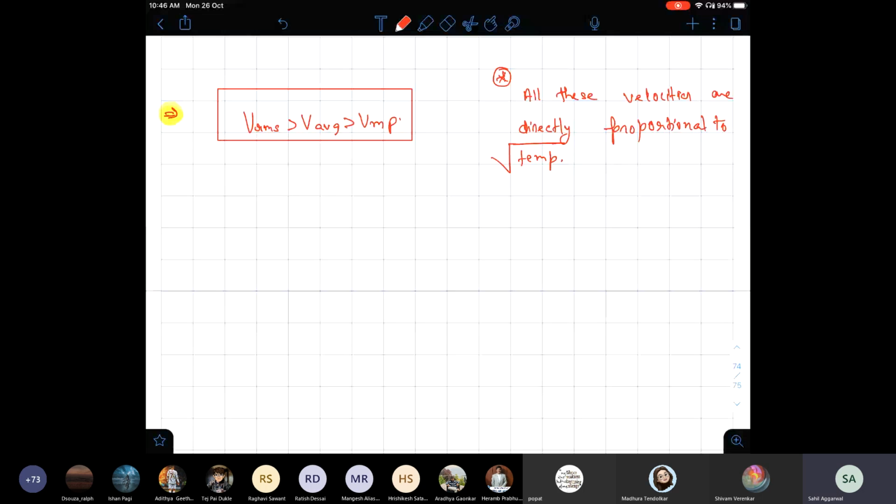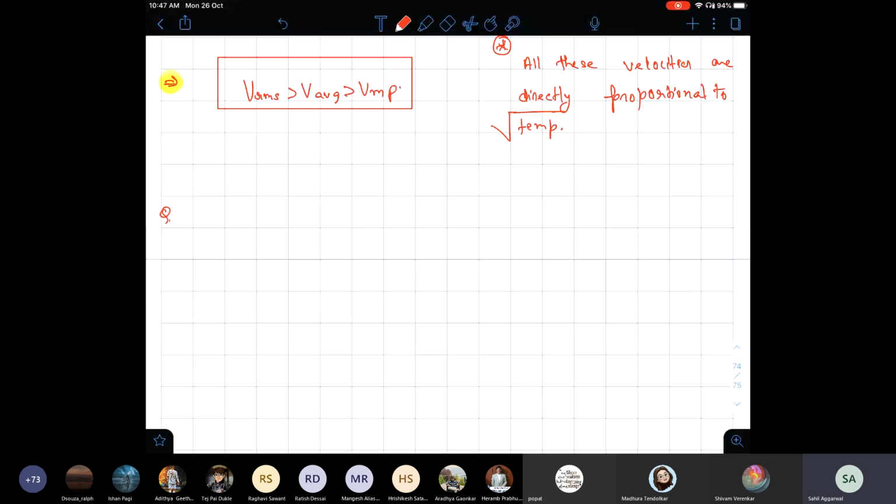तो अगर एक क्वेश्चन देखें हम, average velocity of nitrous oxide.